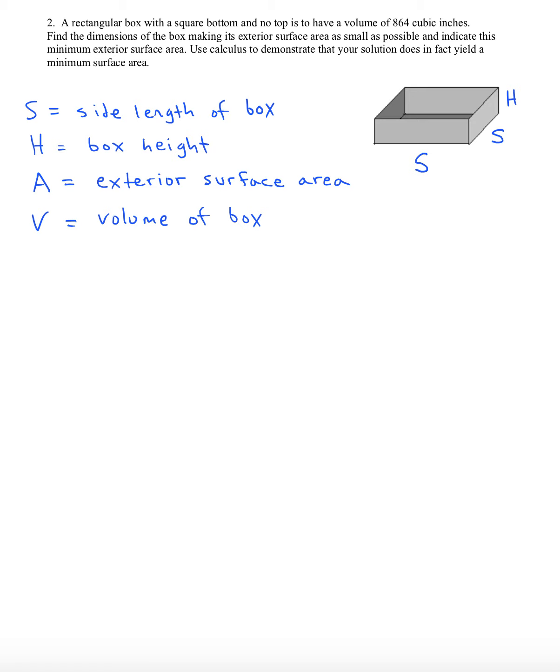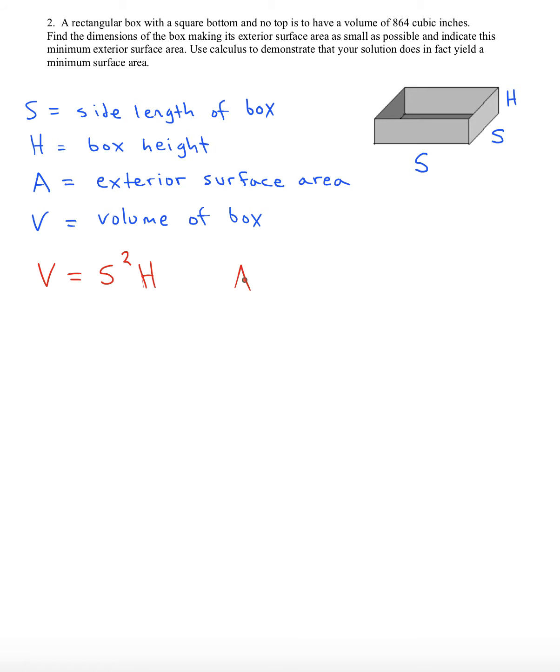Step two is to come up with any equations or relationships between variables that you think might be relevant here. From geometry, we have the formula V equals length times width times height, but in this case, our length is S, and the width is also S, and then we need to multiply by the height. So S squared H would give the volume of this box.